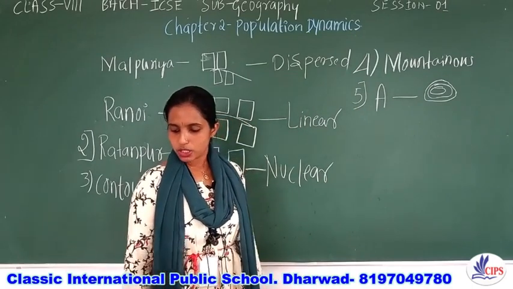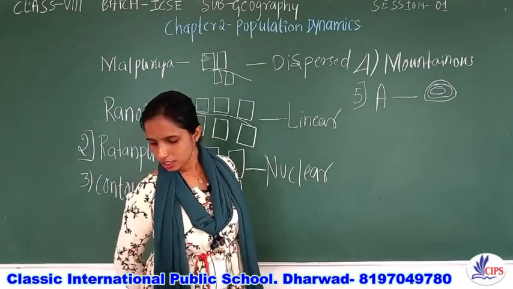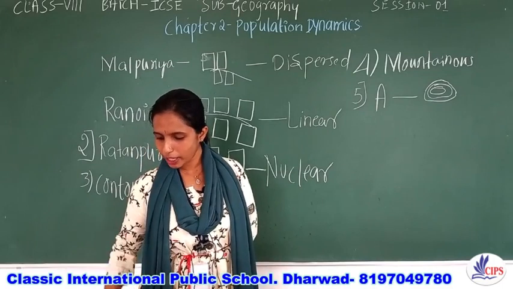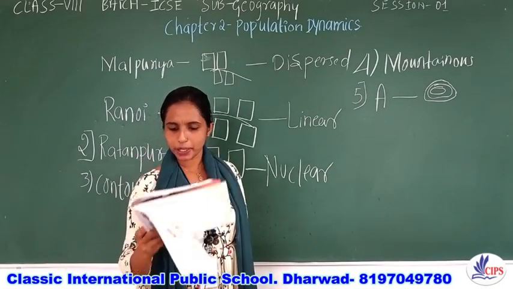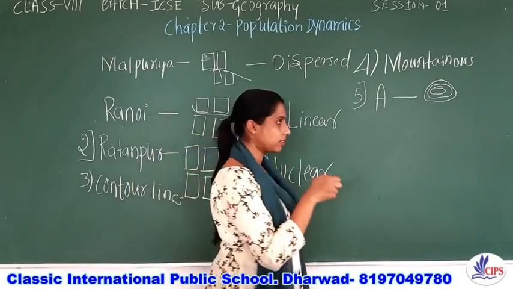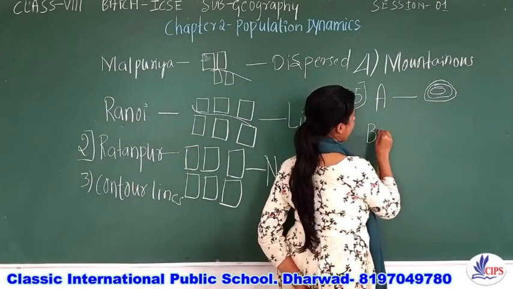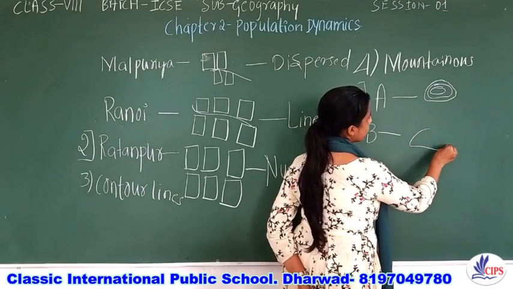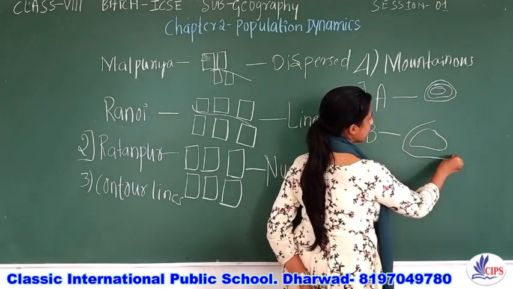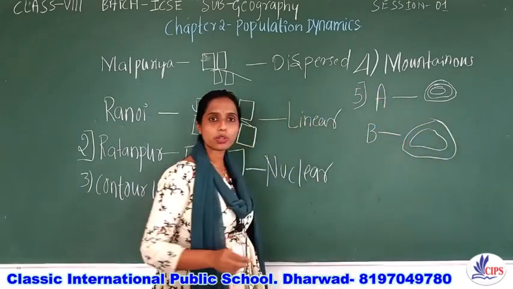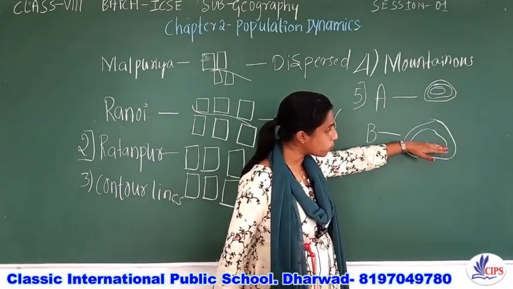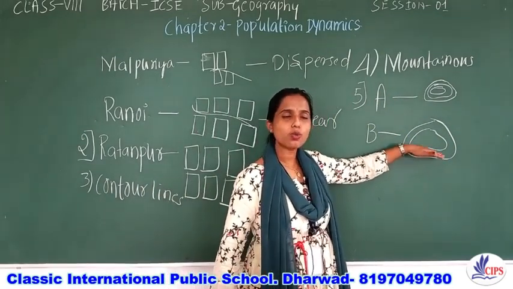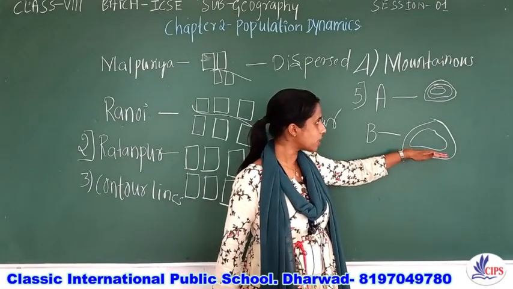Now observe square B. In case of square B, in the middle part, the contours are a bit wider. There is a space between the contour lines. So what does this indicate?